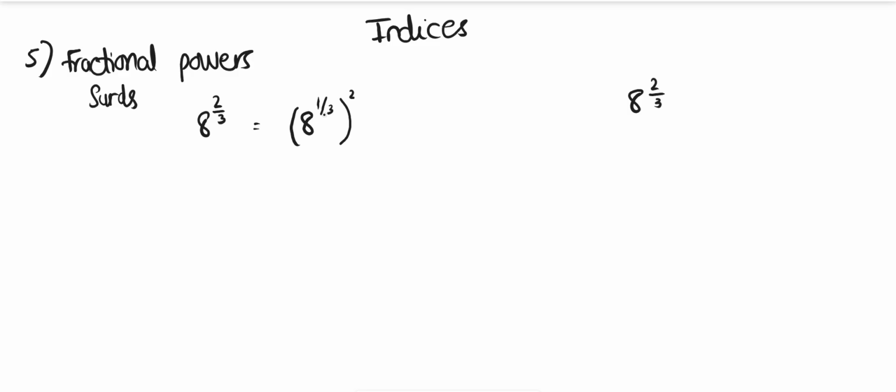Now when I have 8 raised to the power 1 by 3, can I also write this as cube root of 8 whole squared? Can I? Or can I not? I can, right? What is this going to be? What's cube root of 8? It's 2. 2 squared is going to be 4. So this is method 1.